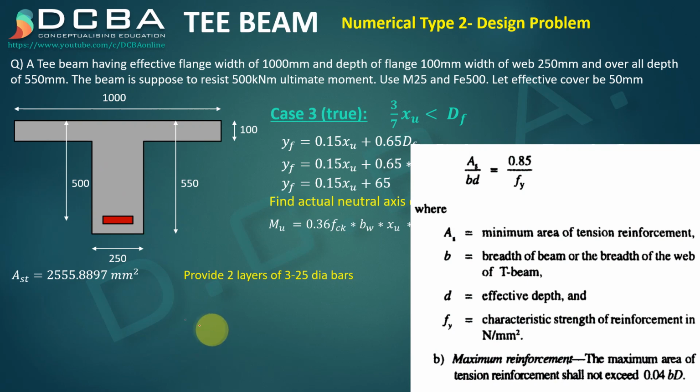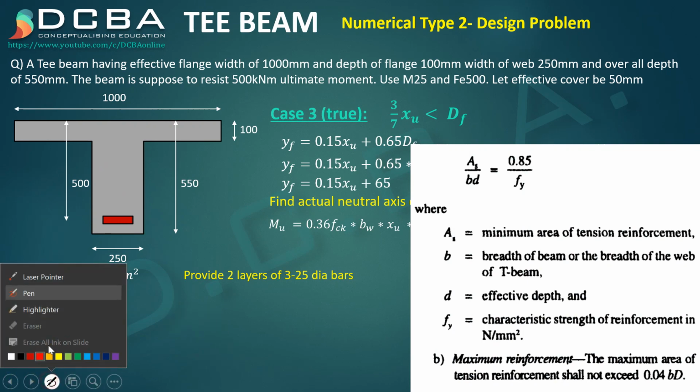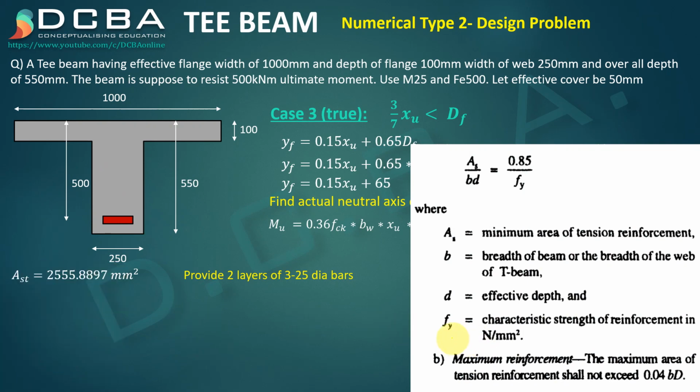Yeah, so now we need to find the minimum and maximum AST, and again we come to this clause of IS 456 which we have used a lot of times for finding minimum and maximum reinforcement. And here you can see that AST minimum is 0.85 BD upon Fy.